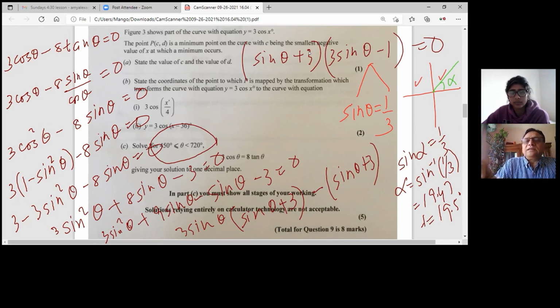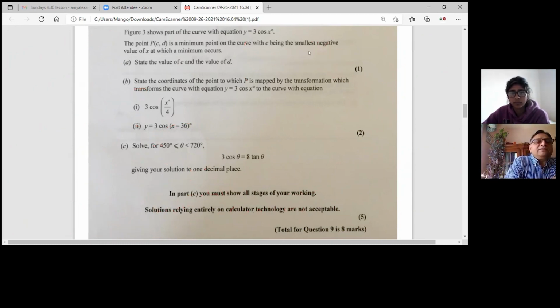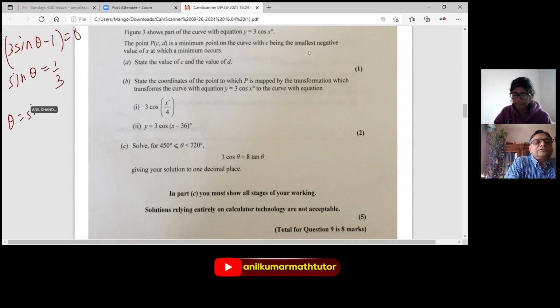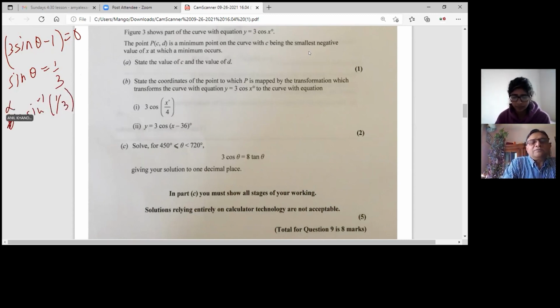So let me erase this and rework. We found that 3 sine theta minus 1 equals 0 gives us sine theta equals 1 over 3. I should not write theta; I'm working on the acute angle alpha.